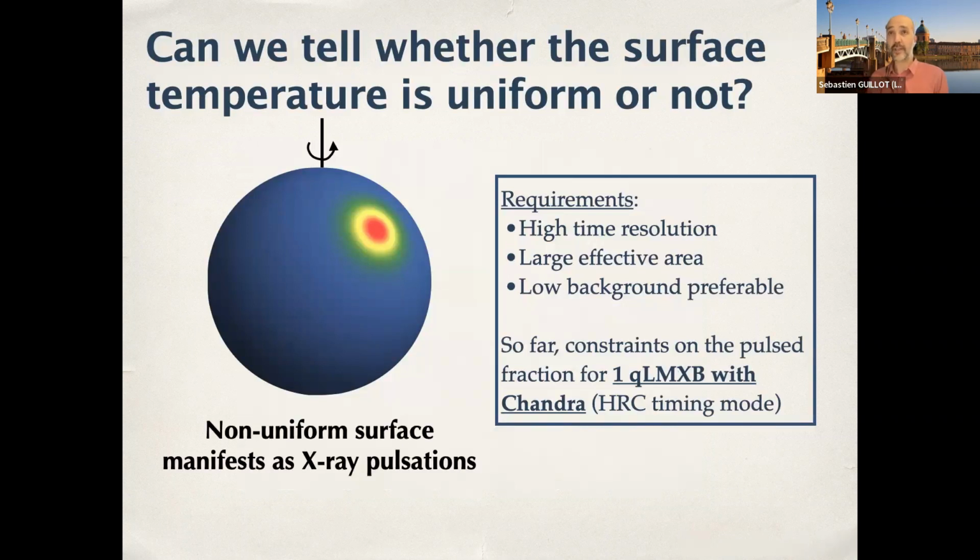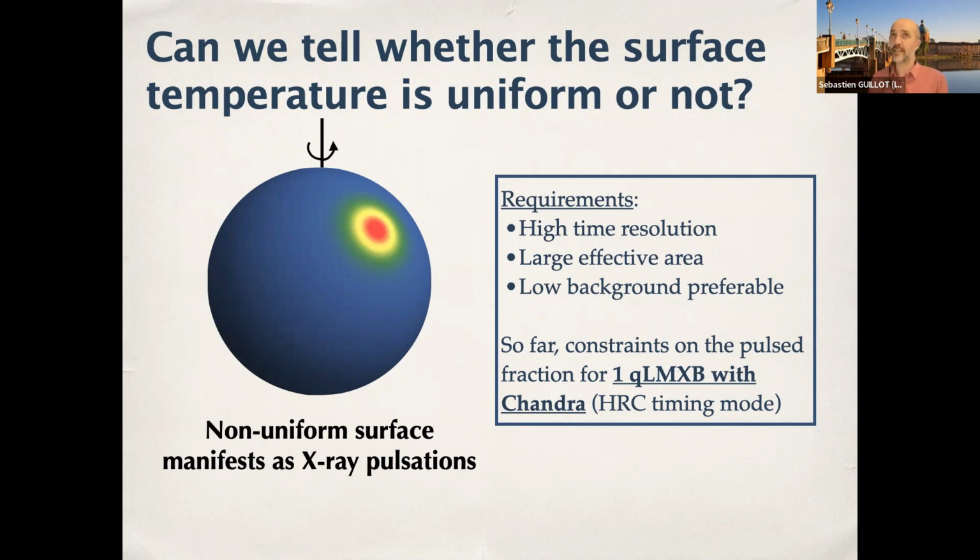The ideal thing would be to search for pulsation, like I was saying. If you have a hotspot at the surface of the neutron star and the neutron star rotates, you should expect variation of the X-ray flux. For this, you need high time resolution because you need to search for rotation speeds that are at the neutron star rotation speed, which you don't know, but you expect it to be in the hundreds of hertz for low-mass X-ray binaries.